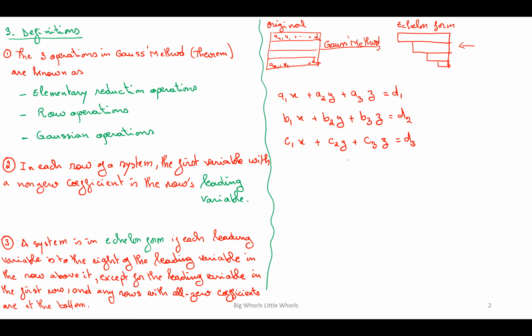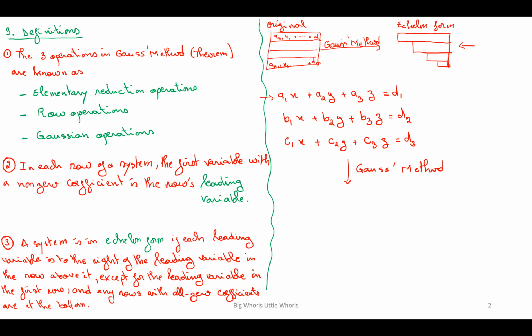So basically we will do Gauss method or Gaussian operations to be able to have something like this. So what we say is we want to have the echelon form. So let's pick the first equation here.